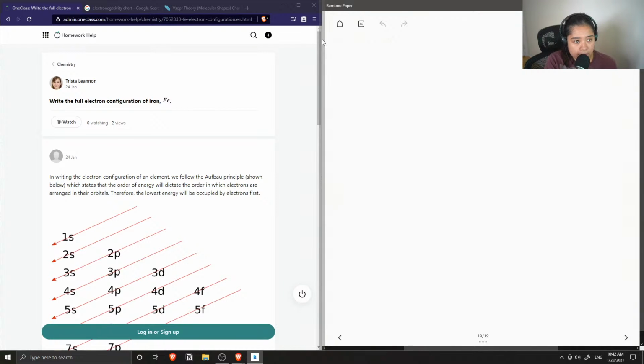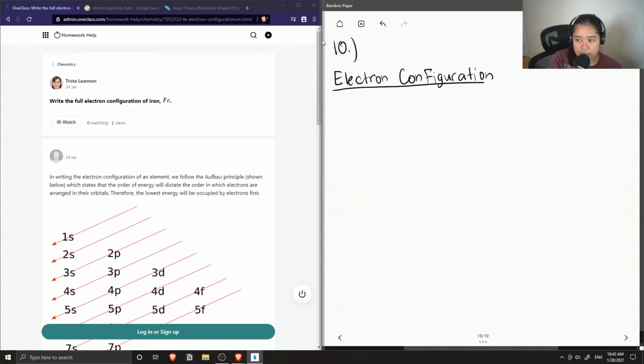Okay, so question number 10 is to give the full electron configuration of iron. So when writing out the electron configuration, there are different steps that you can take in order to write the full electron configuration.